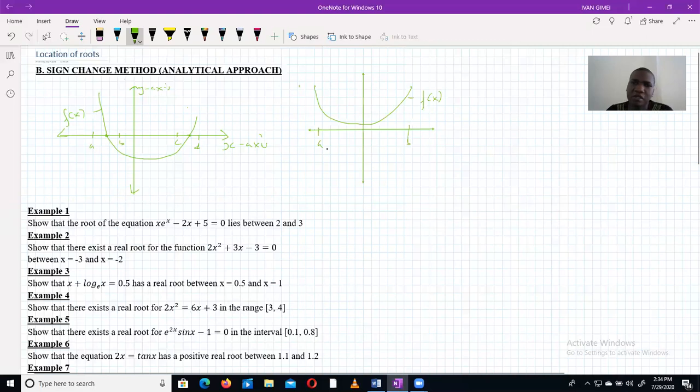This graph is not crossing the x-axis at any point. So here I would say that the function you plotted, f of x, has no real root in the interval AB.